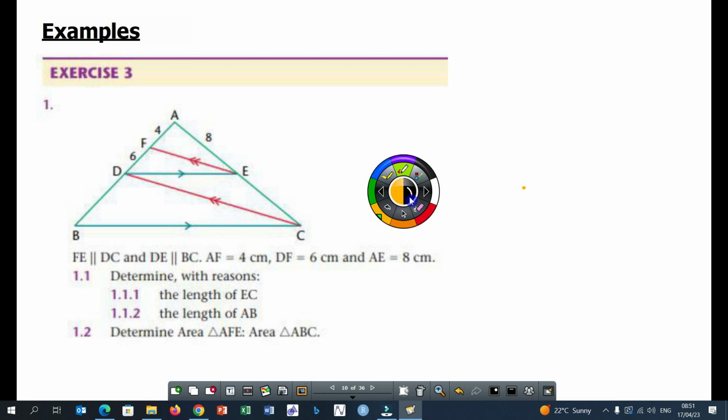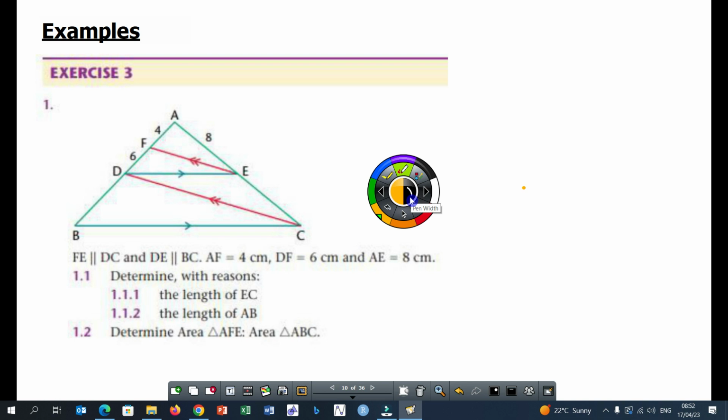You are given this triangle, and it's stated that FE is parallel to DC and DE is parallel to BC. Then you are given the length of AF, the length of GF, and the length of AE.